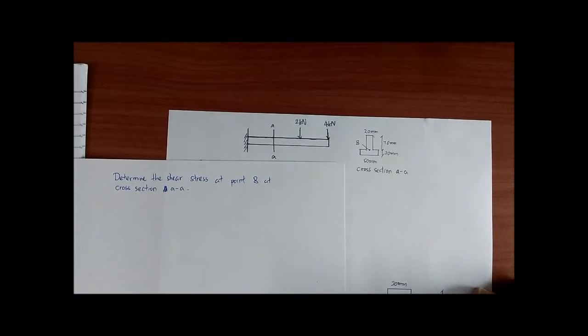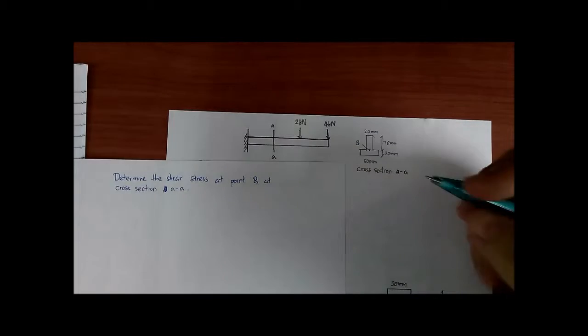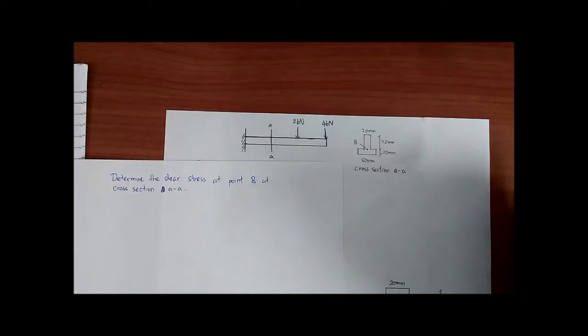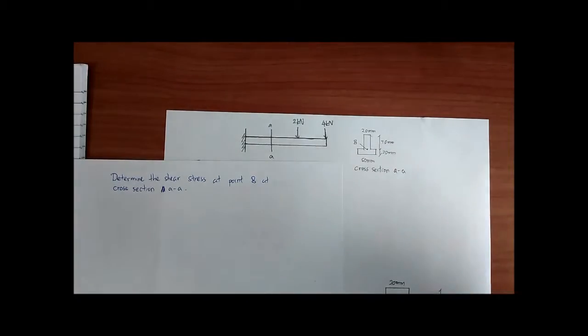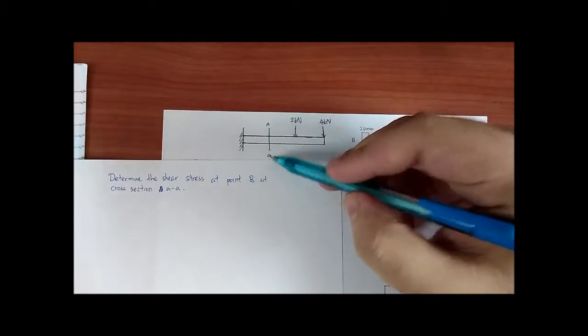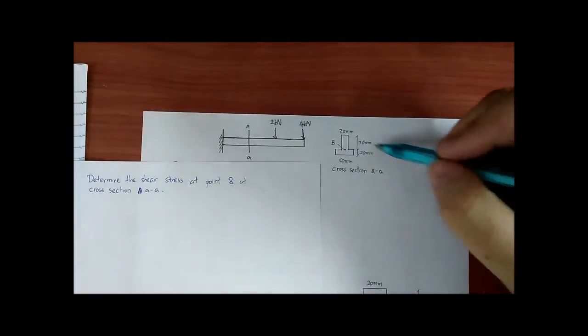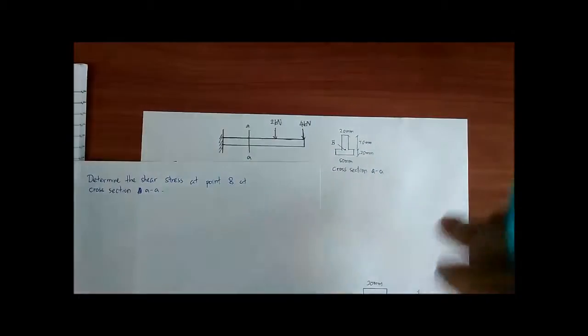Determine the shear stress at point B at cross-section AA. To calculate this question, we need to find the shear stress of this cross-section AA. This one is the cross-section of the cantilever beam.